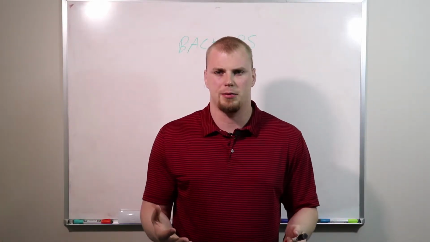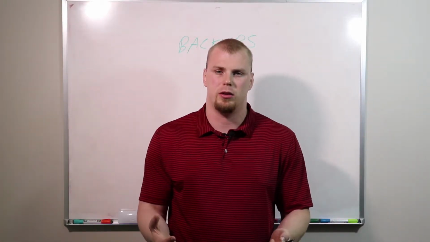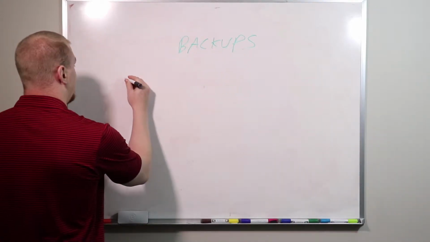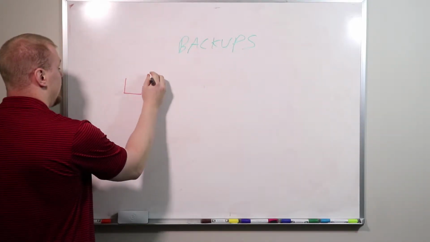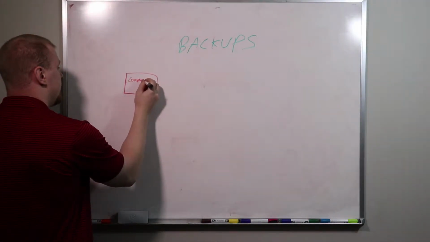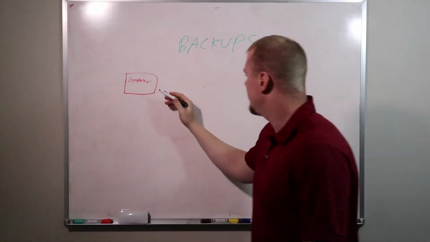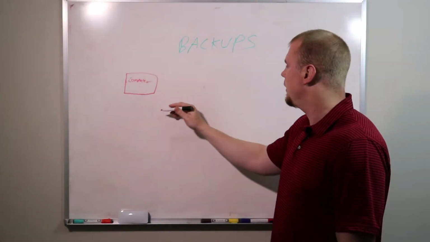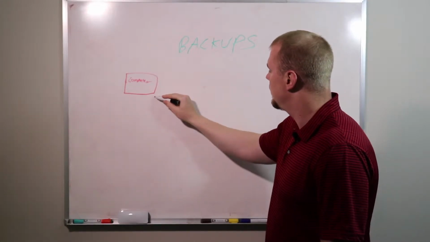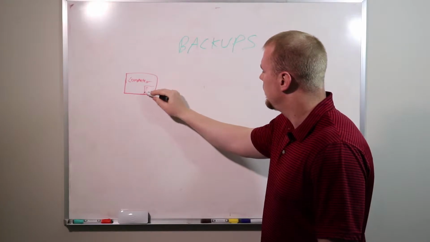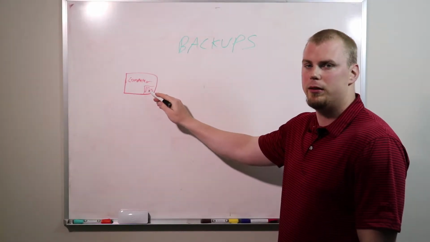The first level of backups that you can do is a very basic level of backups. So you have a device, we'll just say it's your computer. So you got your computer here. You install a backup client on this computer. We'll just call this the backup client.